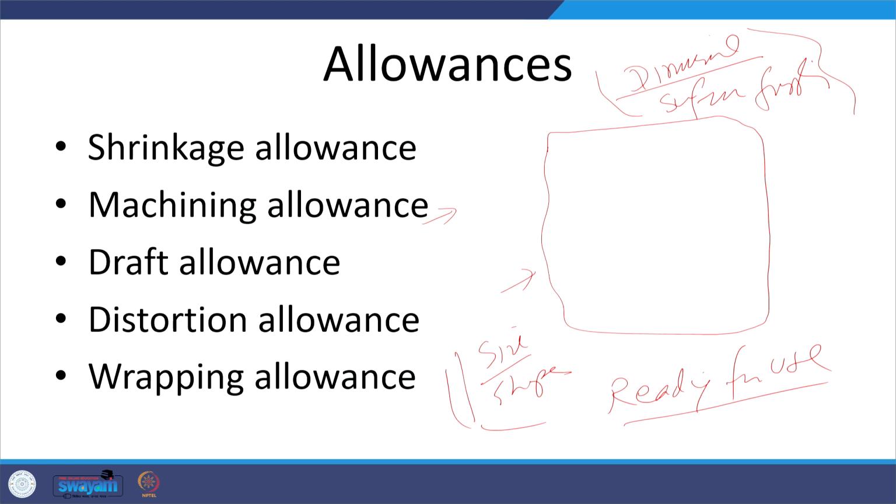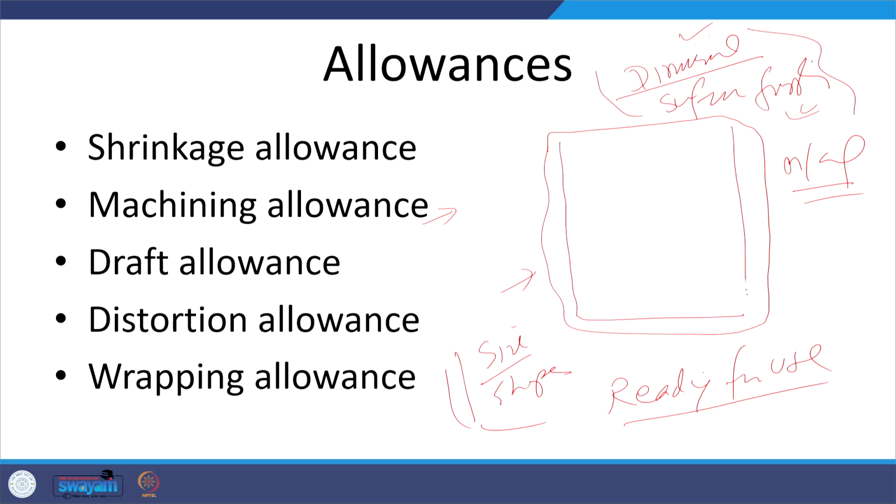So the desired dimensional control and surface finish must be realized by machining. To machine out the material, it is important that extra material is provided, so we provide extra material to the pattern.